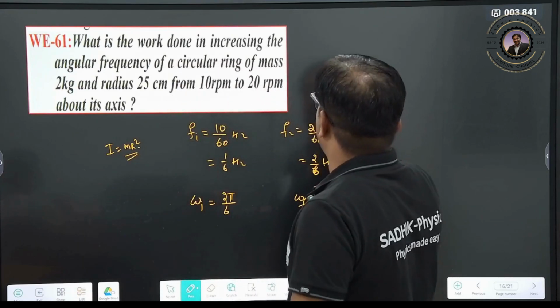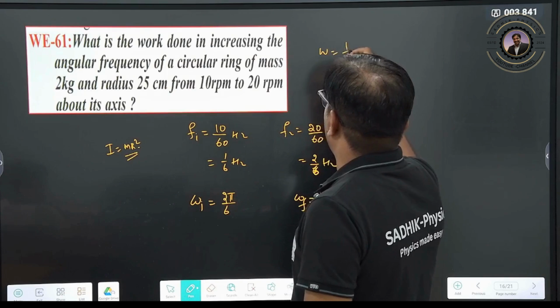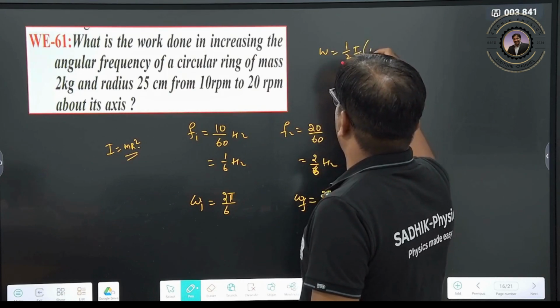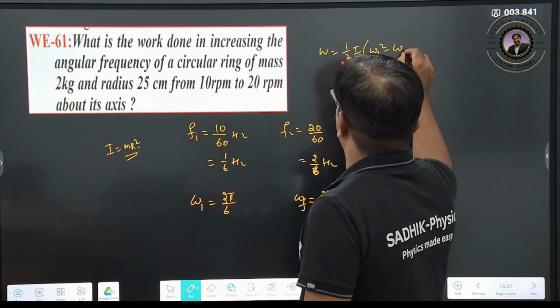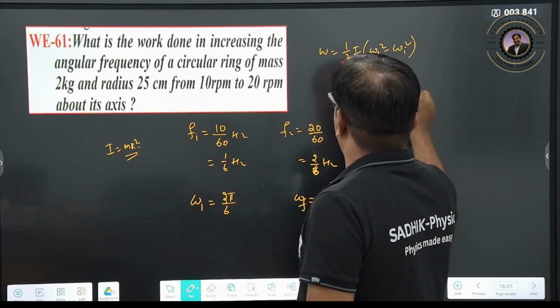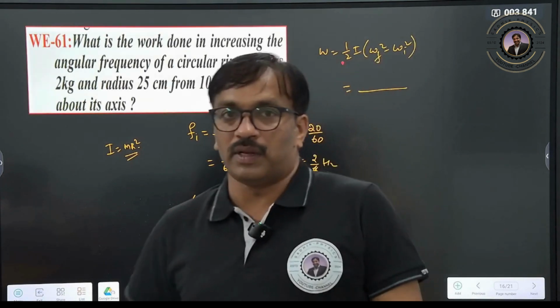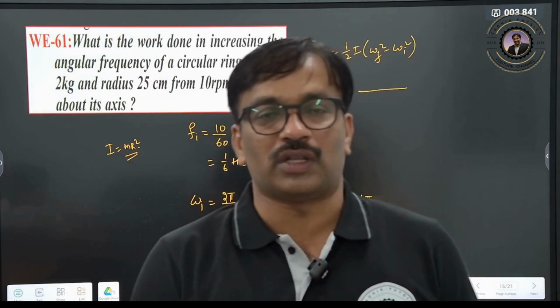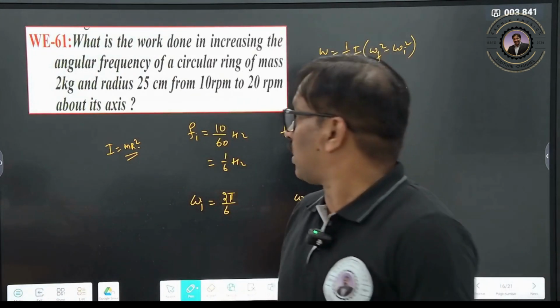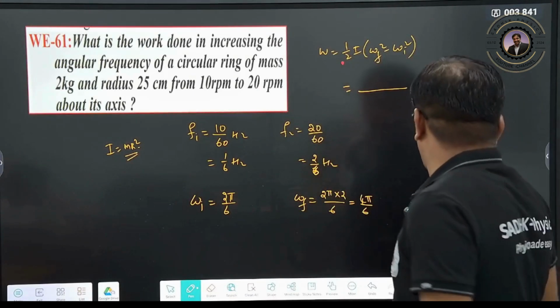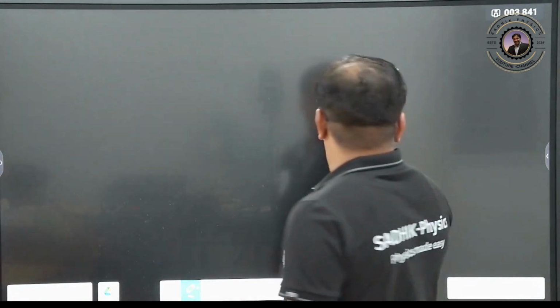And again the work energy theorem, you can write it: half I into omega final squared minus omega initial squared. I already did this concept, right? Please solve it so that you will get practice on this. Clear? So we'll go for some more difficult questions. Let us see.